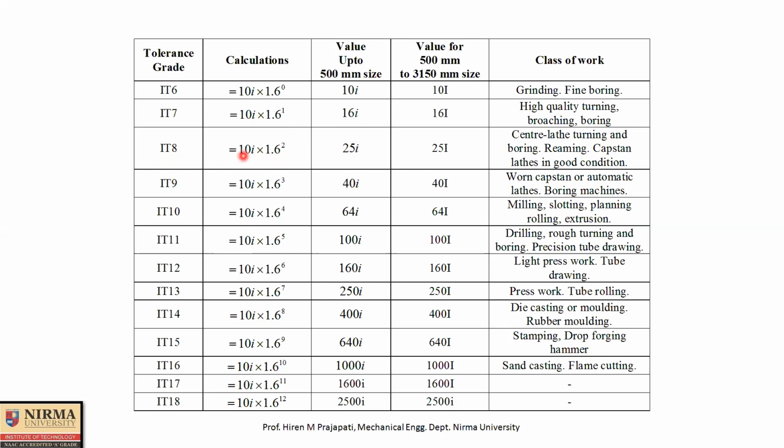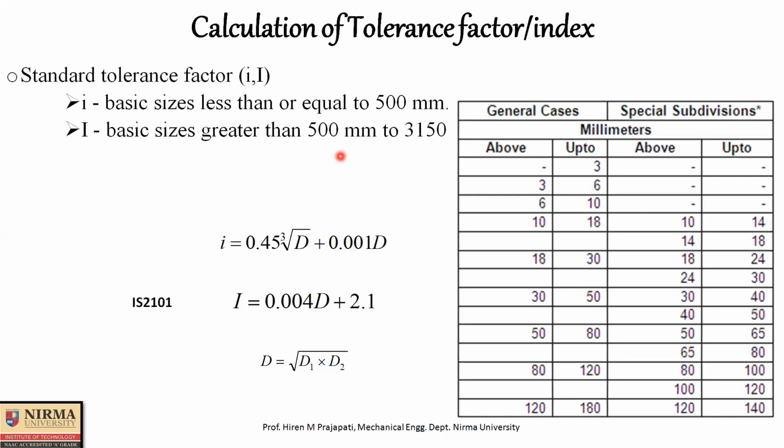Now next we try to understand how to find small i. If you are able to find small i for IT8, then multiply that small i with 25, and that will give you the tolerance value. In this slide we see one new equation, because this i is called the standard tolerance factor.